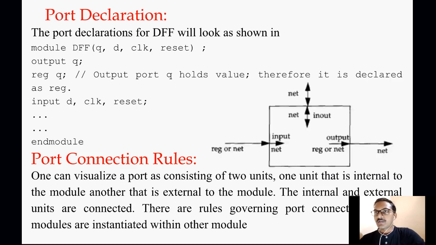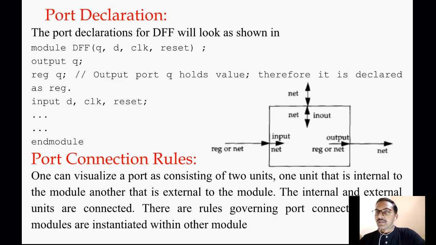Now let's see the port connection rules. You can see this figure in this particular slide, where it is defined how to declare the ports. At the left side you can see the register or net outside the module block, and if you are defining it internal to the module, then it is defined as input net. Input will be defined as net.